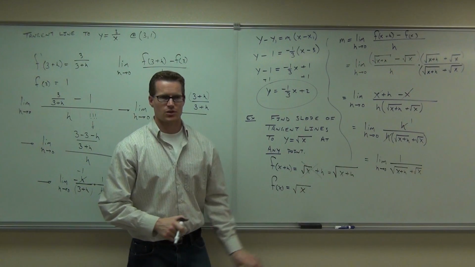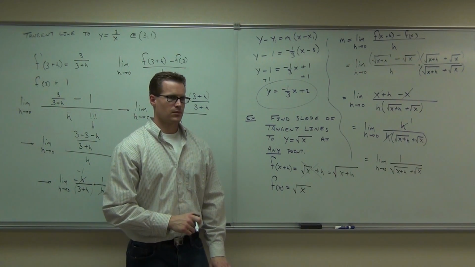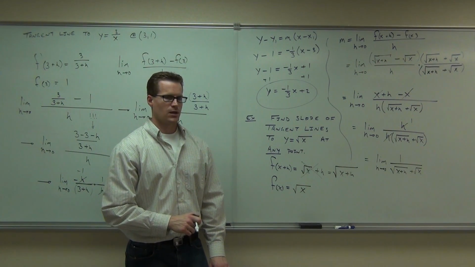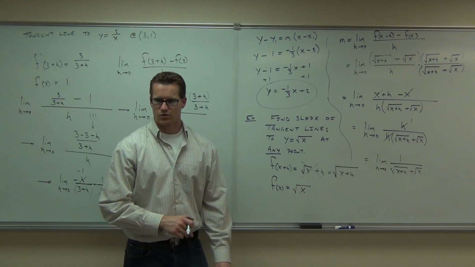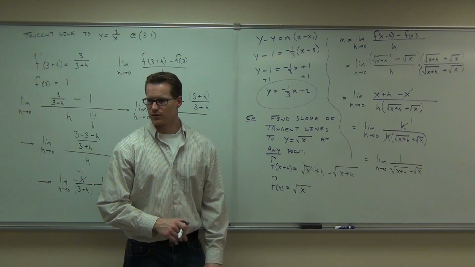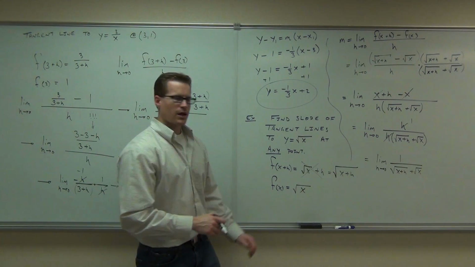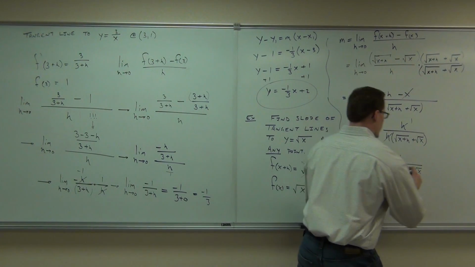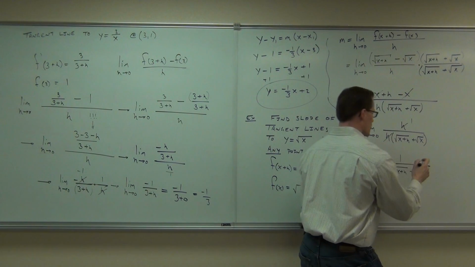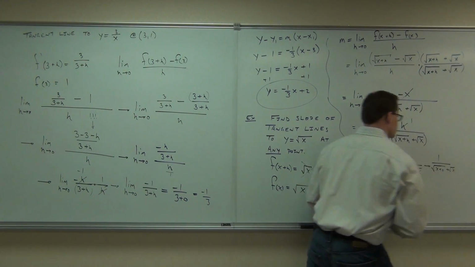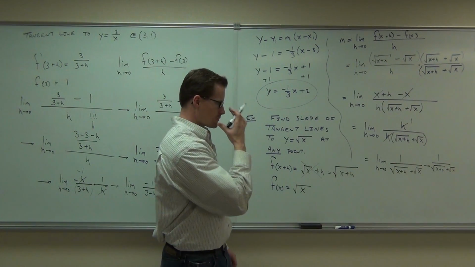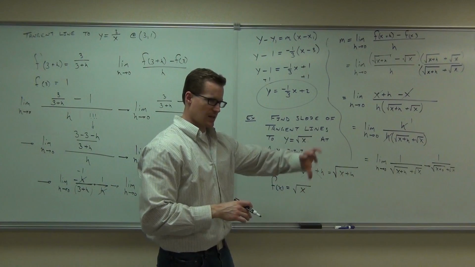Can we let the h go to 0 and be okay? If we do, we get x plus 0, which is still x. Square root of x, that's okay. Plus square root of x, that's okay. So we're okay. If we let the h go to 0, what we end up getting is, notice no more limit. You have 1 over square root of x plus 0 plus square root of x. No more limit because I allowed the h to go to 0.